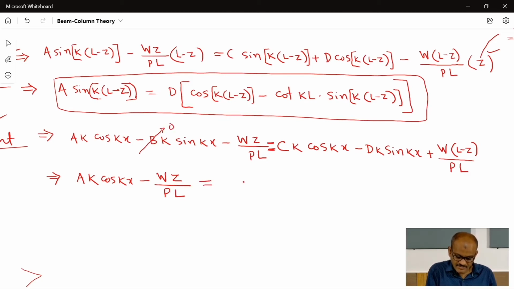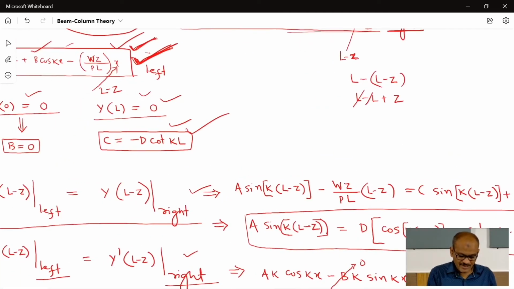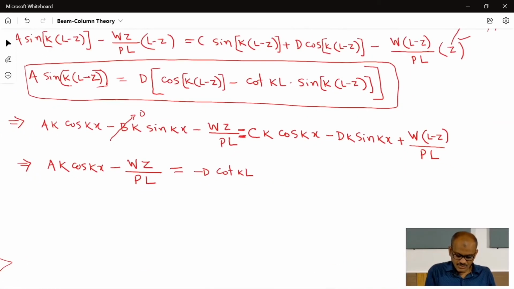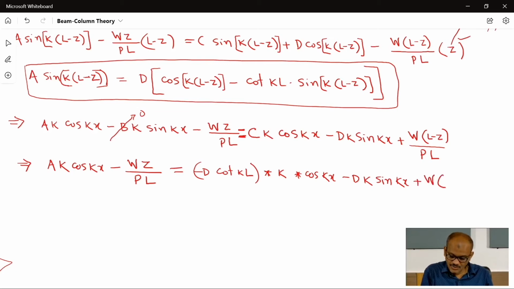So this has come equal to minus D cot kL, because C value, if you see, we have got minus D cot kL. So minus D cot kL multiplied by k into cos kx minus Dk sin kx plus W(L minus z) by PL.